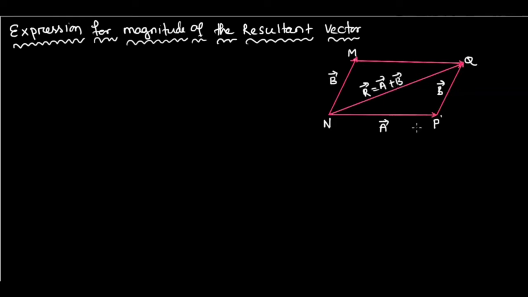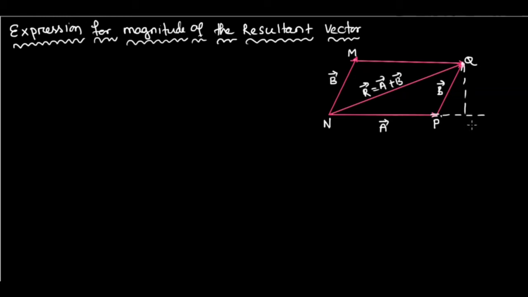In order to derive the expression for the magnitude of the resultant vector, let me extend the side NP towards the right. Now I will draw a perpendicular from the point Q onto this extended line, like this.